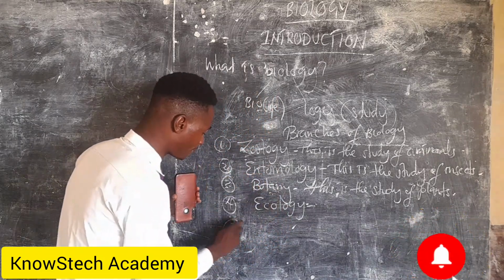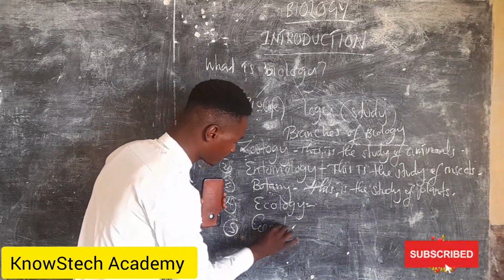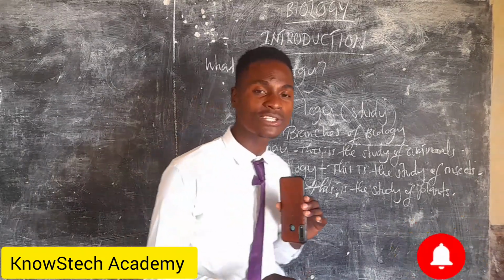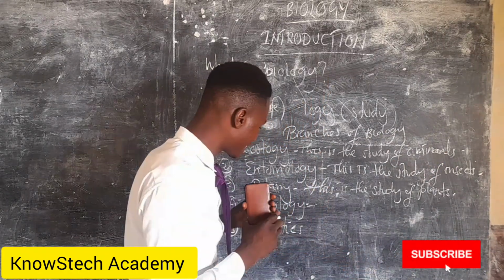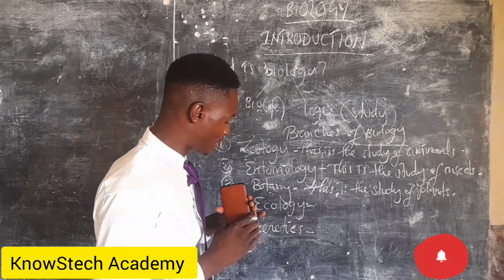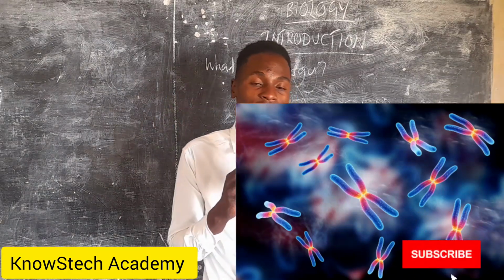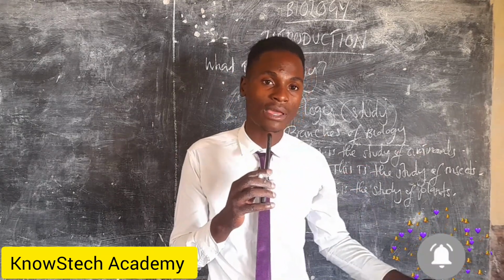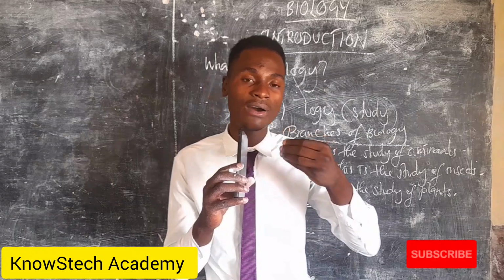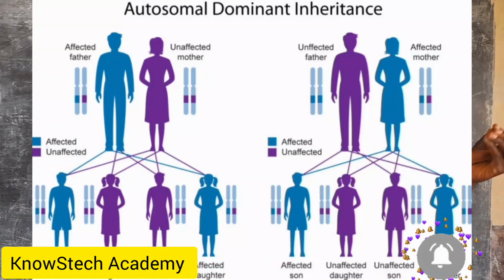Then number 5, we have genetics. Genetics is also a branch of biology. This is an interesting branch of biology. Genetics is the study of inherited information in the form of genes, how information or genes are transferred from one generation to another.